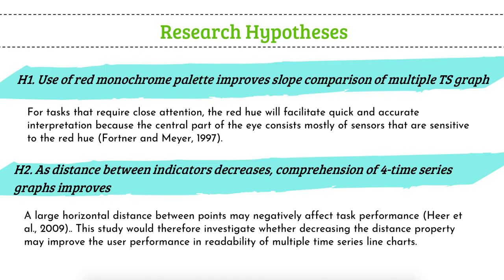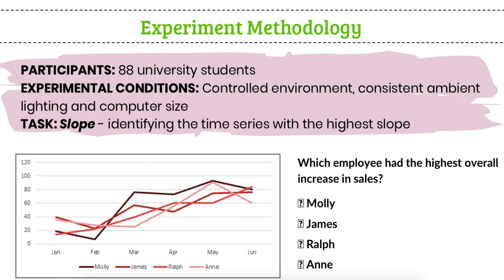The second hypothesis is that as distance between indicators decreases, comprehension of 4 time series graphs improves because a large horizontal distance between data points can negatively affect task performance. Therefore, in our study, we investigate whether decreasing the distance property may improve the performance of the users in terms of readability of multiple time series line charts.